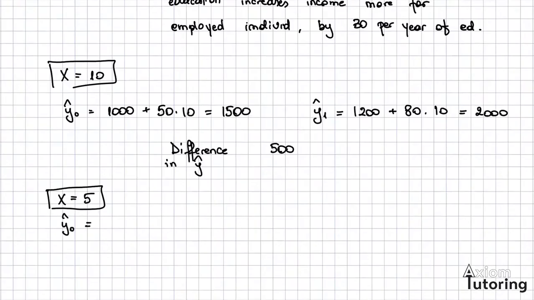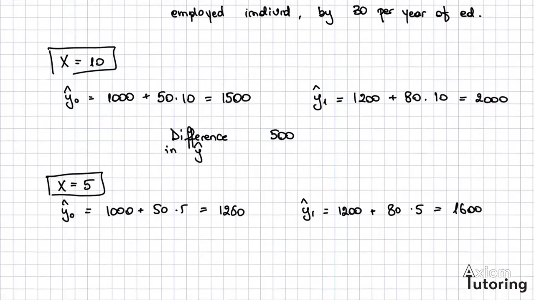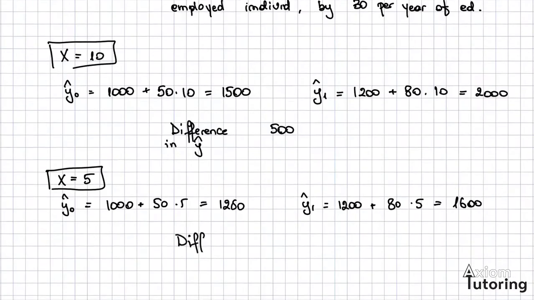If we do the same calculations, here we're going to have 1,000 plus 50 times 5, which gives us a total of 1,250. And for Y1, we would have 1,200 plus 80 times 5, which gives us a total of 1,600. So the gap now in Y hat is actually 350.